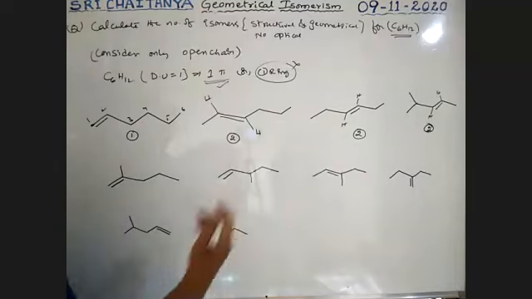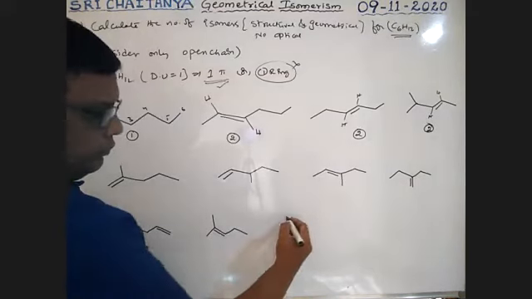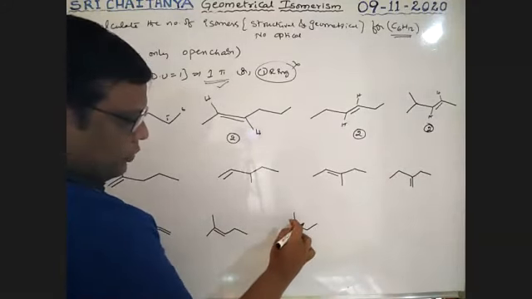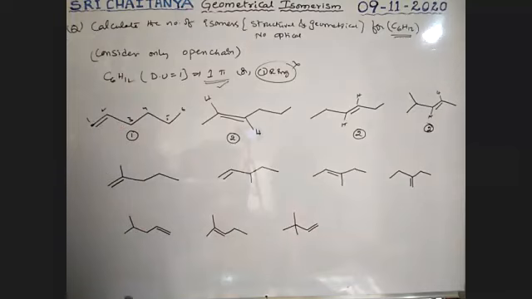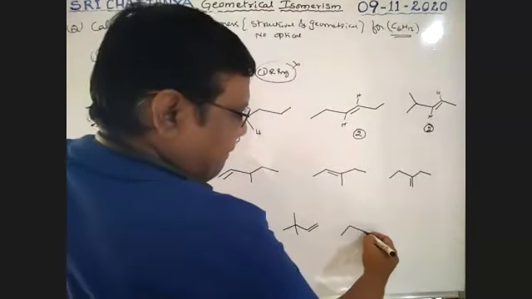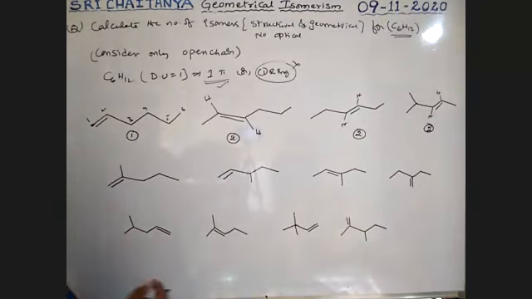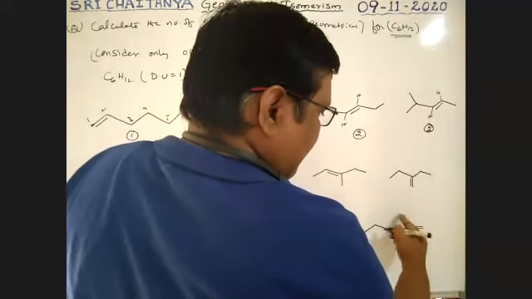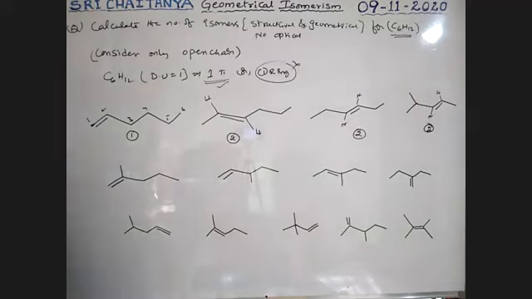No other structure is possible like this. Double bond here with the 2 methyl groups. One, two, three, four, five, six, I'm taking the double bond here. These are the total structures, boys.